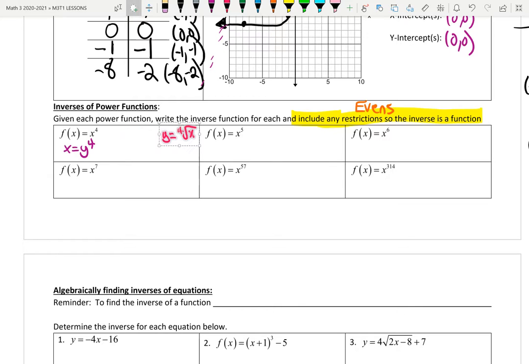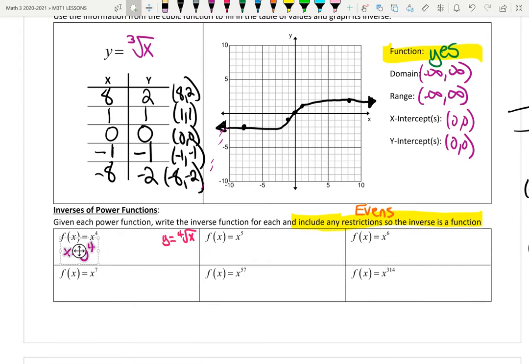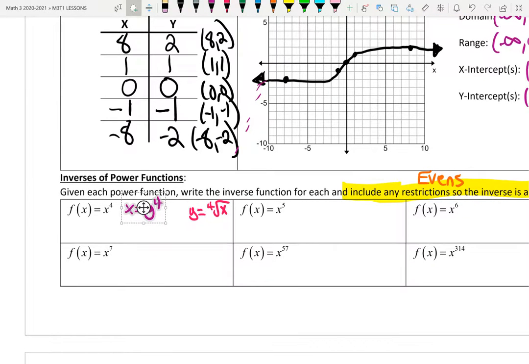So this is my original, my transformation. So x is equal to y to the fourth. That means x has to be greater than or equal to 0, which means for the inverse, y is going to be greater than or equal to 0.